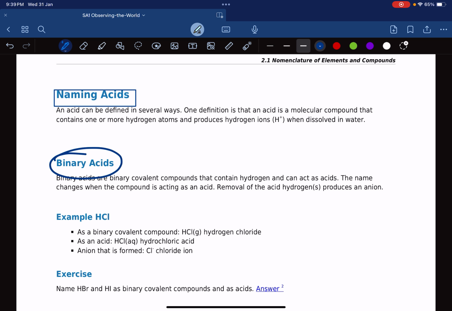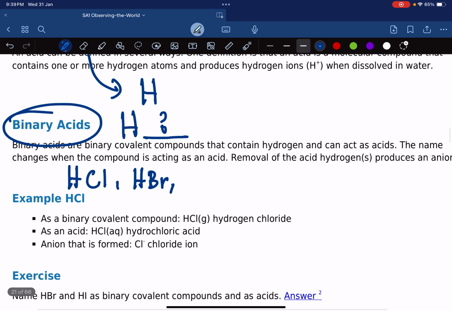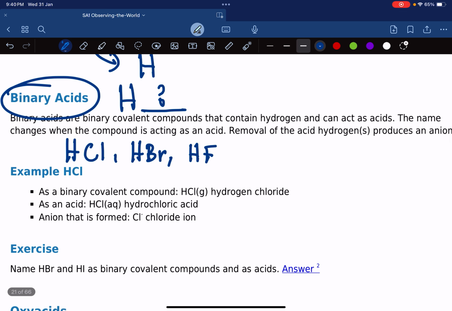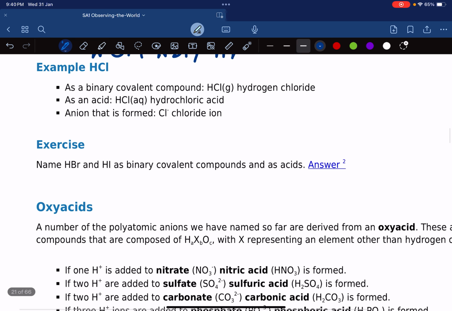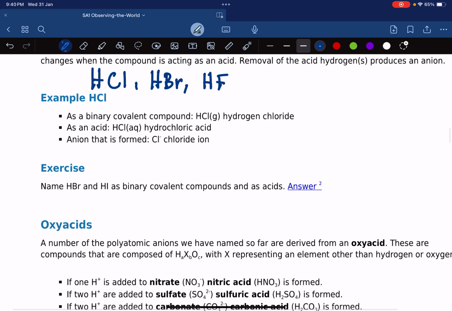If you look at examples here, binary acids could be HCl, HBr, and let's say HF. These are examples of binary acids, which are made up of hydrogen and one other element. This is hydrochloric acid.